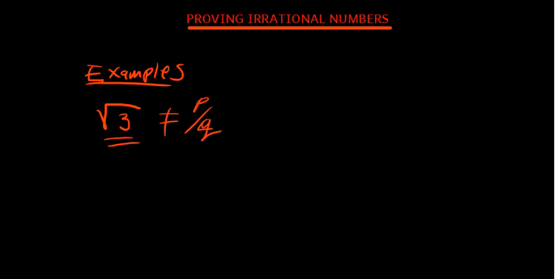So this means this is an irrational number. We also have this one. This is an irrational number also. You also have 2 plus 7. So this is also an irrational number.